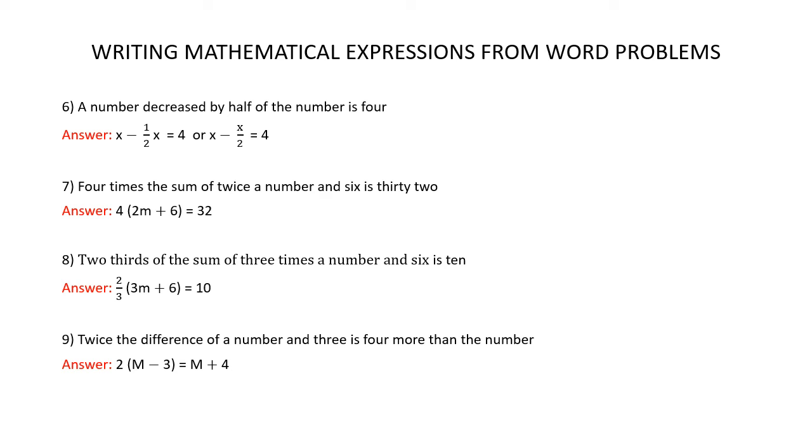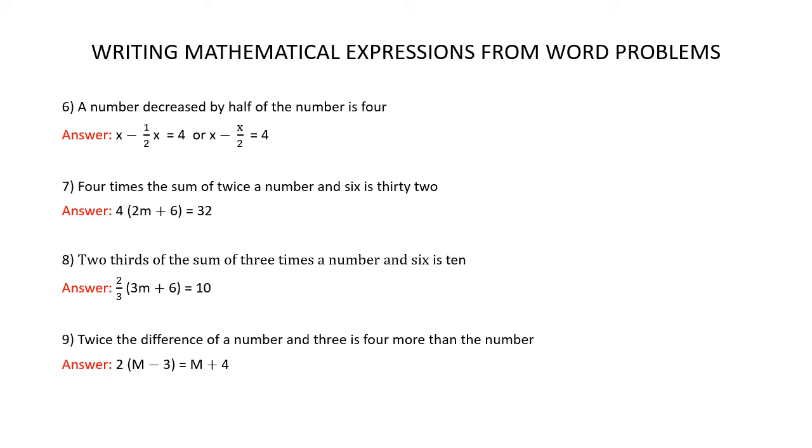Next, 4 times the sum of twice a number and 6 is 32. So let the number be m. Then twice a number means 2 multiplied by m, that is 2m. Sum of 2m and 6 means 2m plus 6. Sum means plus.